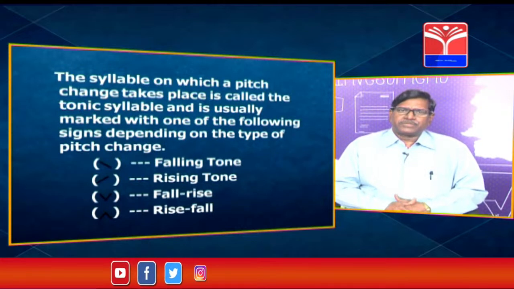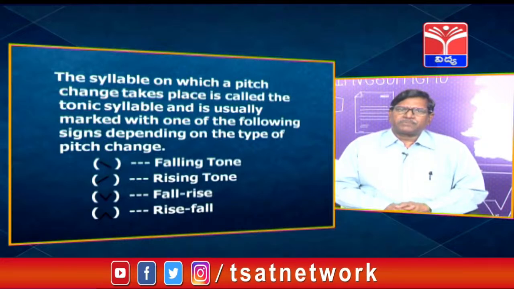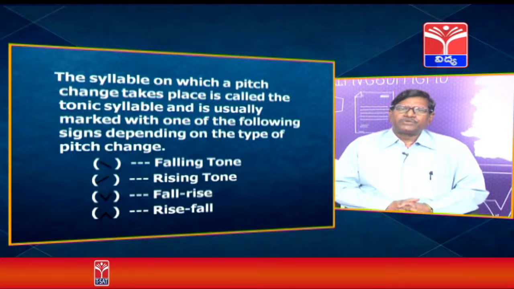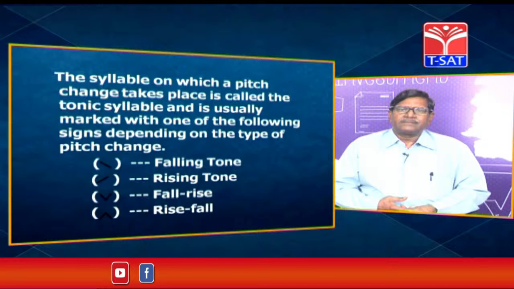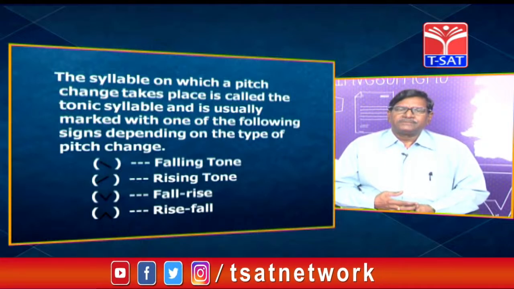The syllable on which a pitch change takes place is called the tonic syllable and is usually marked with slant lines, which are shown there, depending on the type of pitch change.